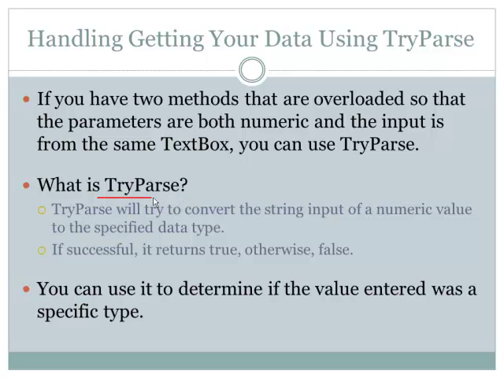So we're going to use TryParse in order to differentiate that. TryParse tries to convert the string input of a numeric value to whatever the specified data type is. If it can convert it, then it returns true, otherwise it returns false. So you can use TryParse to determine if the value is entered as an integer or a double.